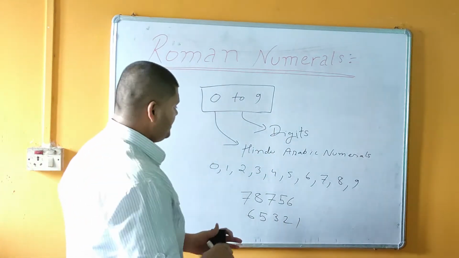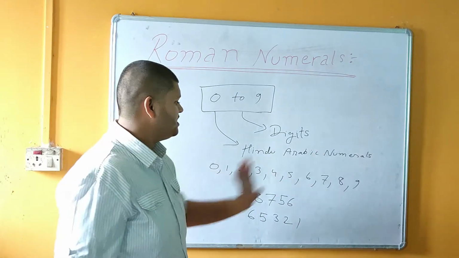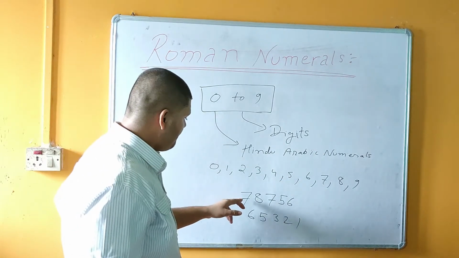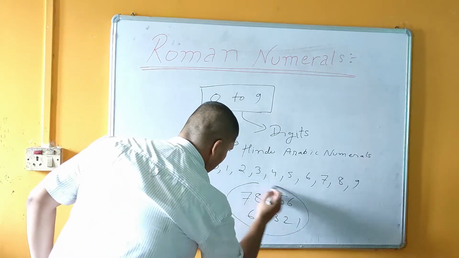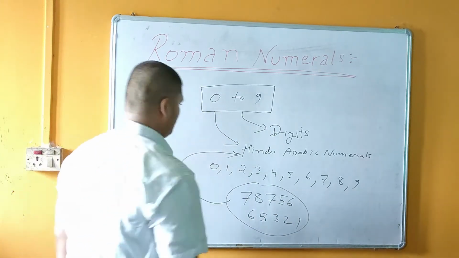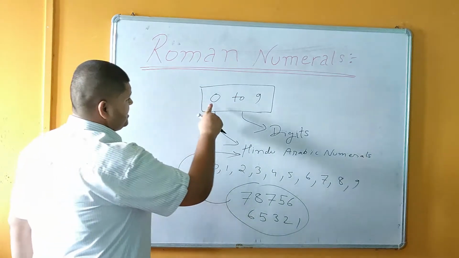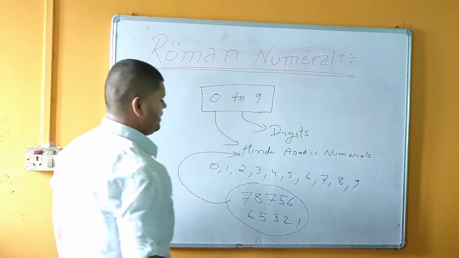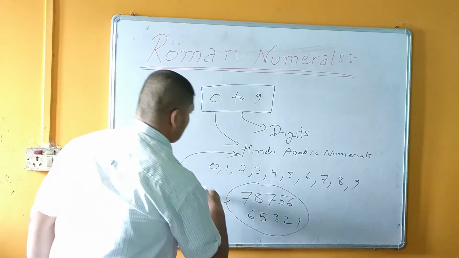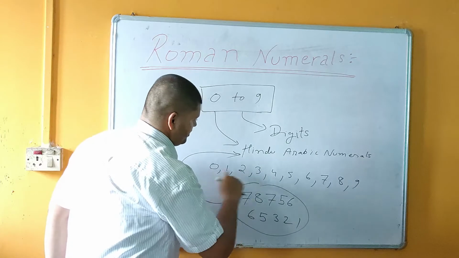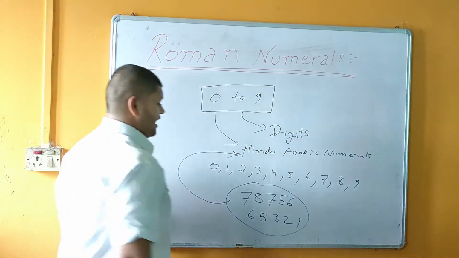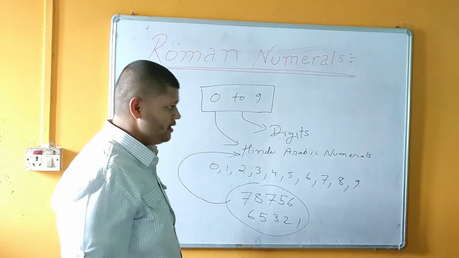You can write any number with the help of these digits. These numbers are called Hindu-Arabic numerals. Anything you write with the help of these digits is called a Hindu-Arabic numeral.